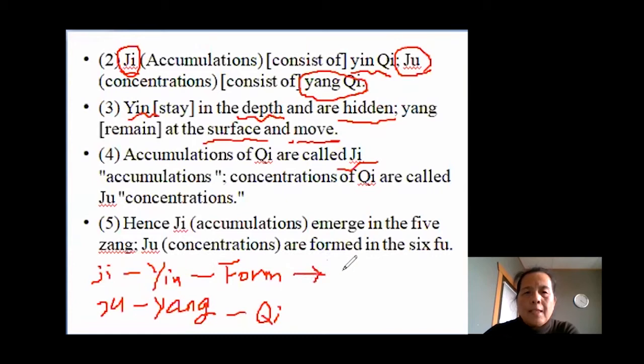So that's Ji. You can think about it this way: we can separate Ying qi and Wei qi. Certainly, Ying qi belongs to the yin part of the qi.